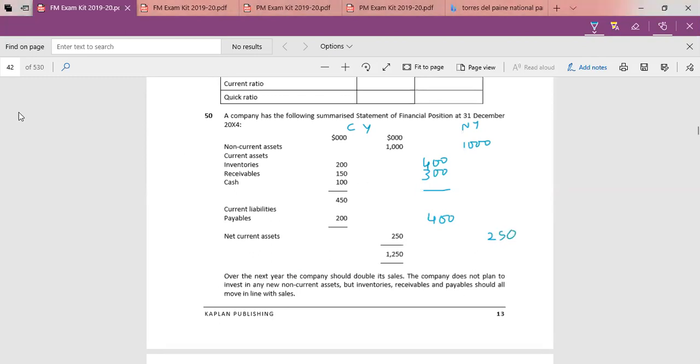So working capital is equal to current assets minus current liabilities. Current assets we do not know, because there is one thing which we have kept on hold, that is the cash balance.